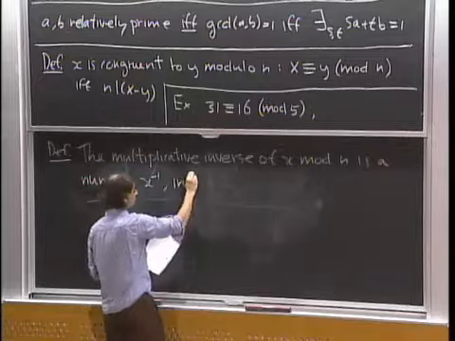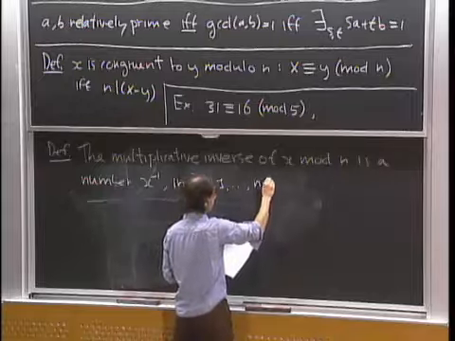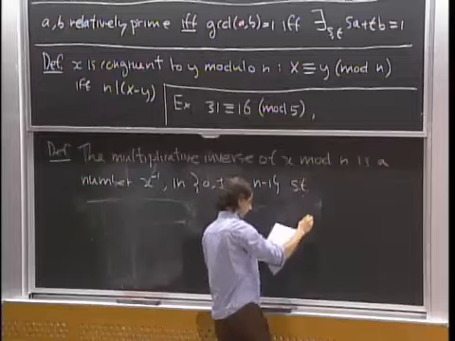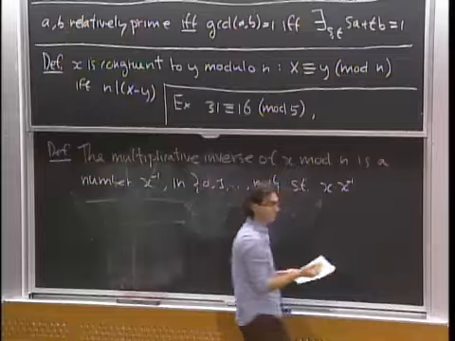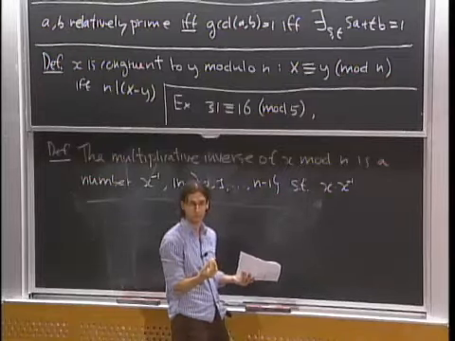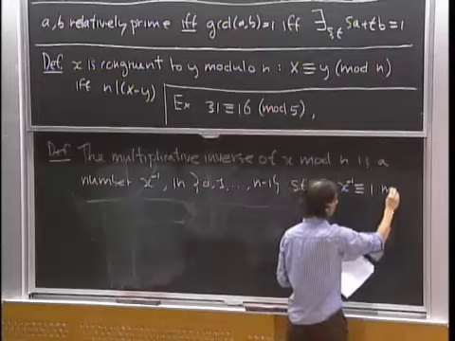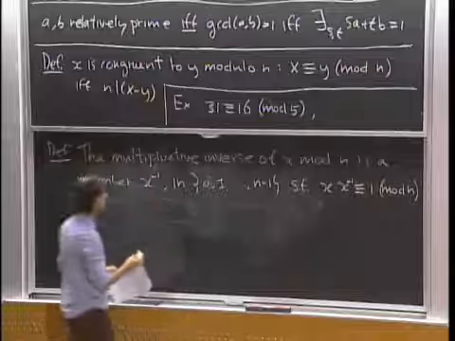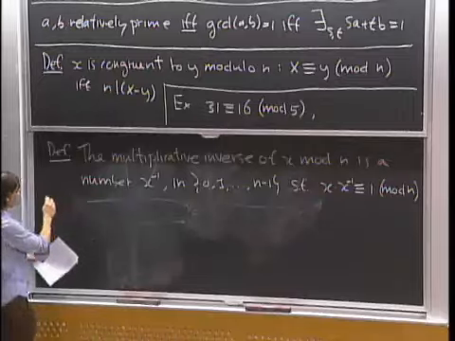It's a number in the interval 0, 1, all the way up to n minus 1, such that X times X inverse, so X times its multiplicative inverse, is congruent to 1 modulo N. So this is the definition for a multiplicative inverse. So let's have some examples.